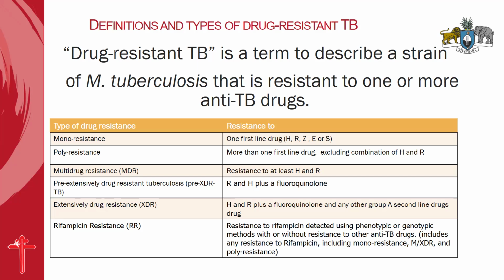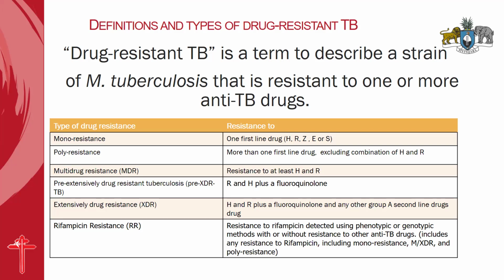Then we have multidrug resistance, which is resistance to at least INH and rifampicin. Then we have pre-extensively drug-resistant tuberculosis, which is resistance to rifampicin and INH plus a fluoroquinolone.